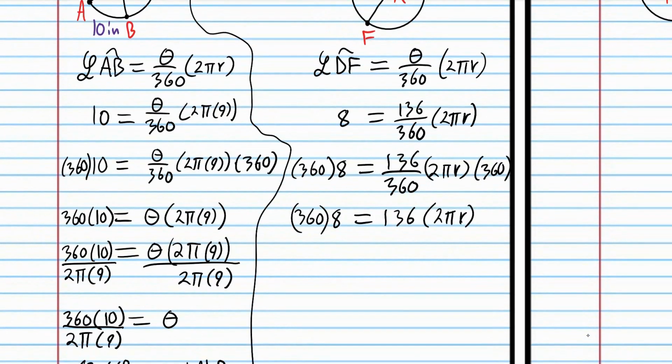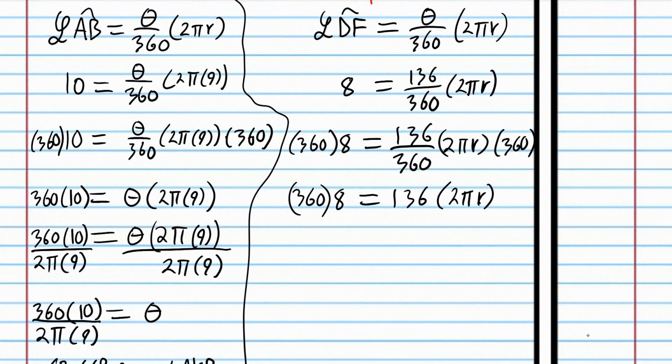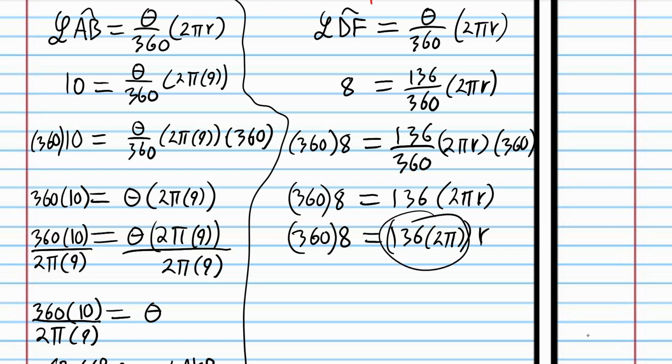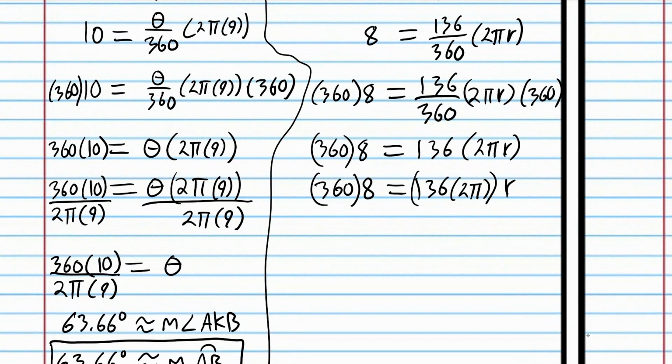Now we're looking for r, so I'm going to regroup these. Again, I'm doing all this just so you can see what's going on. You don't really need to do this. So I'm going to regroup all this so you can see we just have a constant times r being the variable.